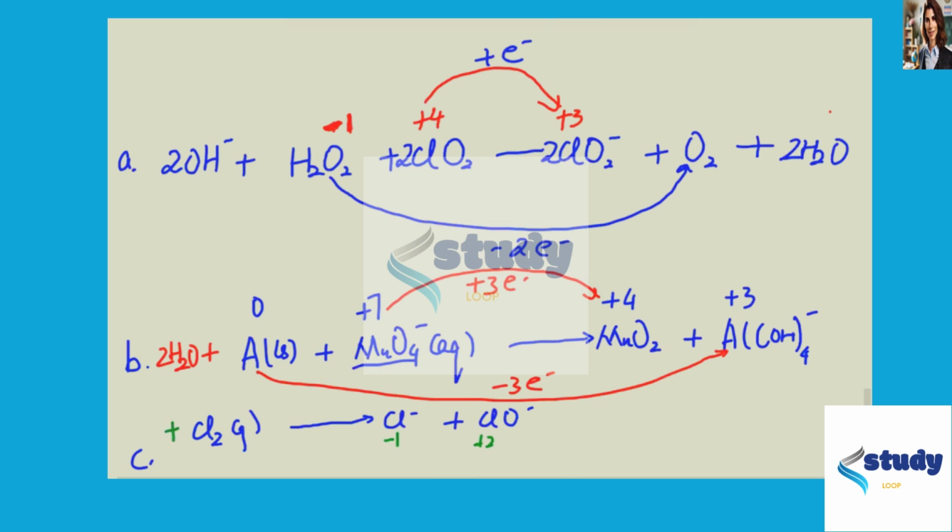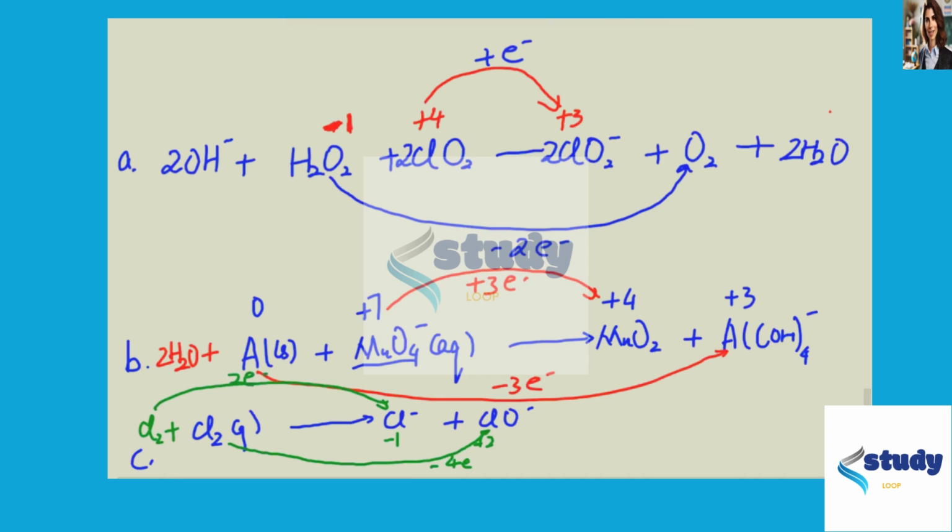We can just write down the 2 chlorine gas. From chlorine to chloride, each one will transfer 4 electrons. And from chlorine to ClO minus, it will give 2 electrons.